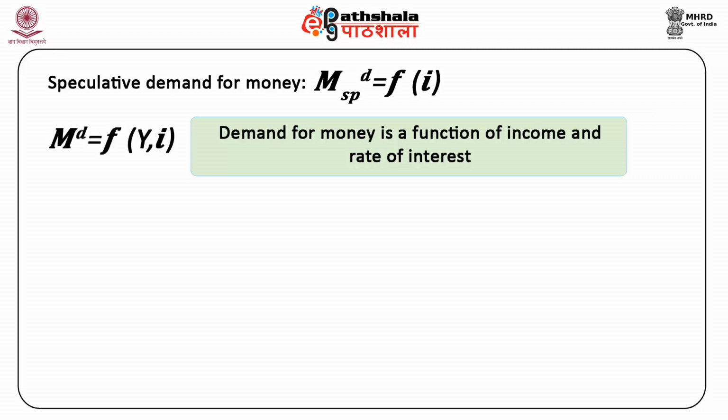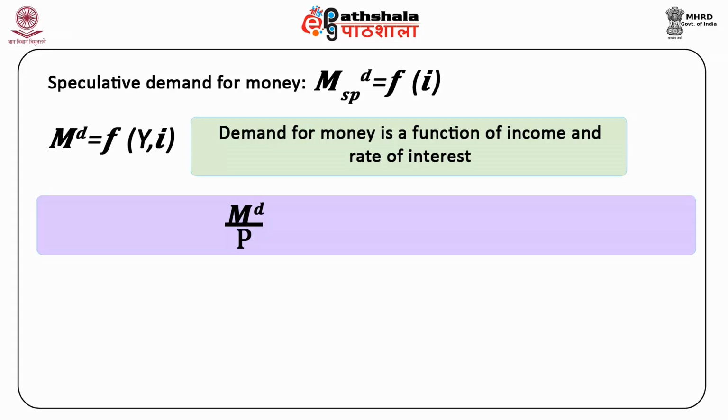That is, money demand equals a function of Y and i. Specifically, expressing in linear form, money demand divided by P is equal to L, which is equal to kY minus hi, where k is greater than 0, h is greater than 0.